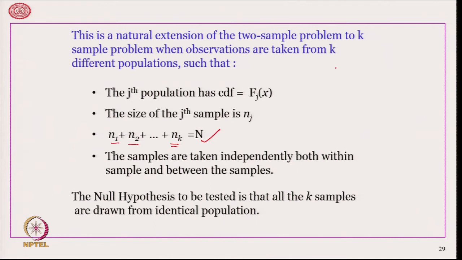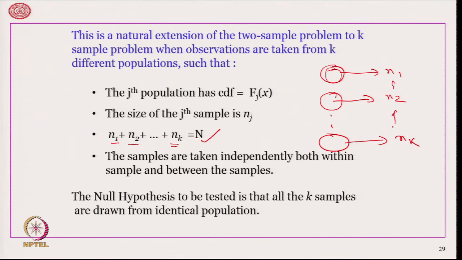That means, suppose these are the populations, we have taken n 1 samples from here, n 2 samples from here and n k samples from here. So, this sampling is taken independently while taking from the population, as well as they are all independent of each other. The null hypothesis to be tested is that all the k samples are drawn from identical populations.